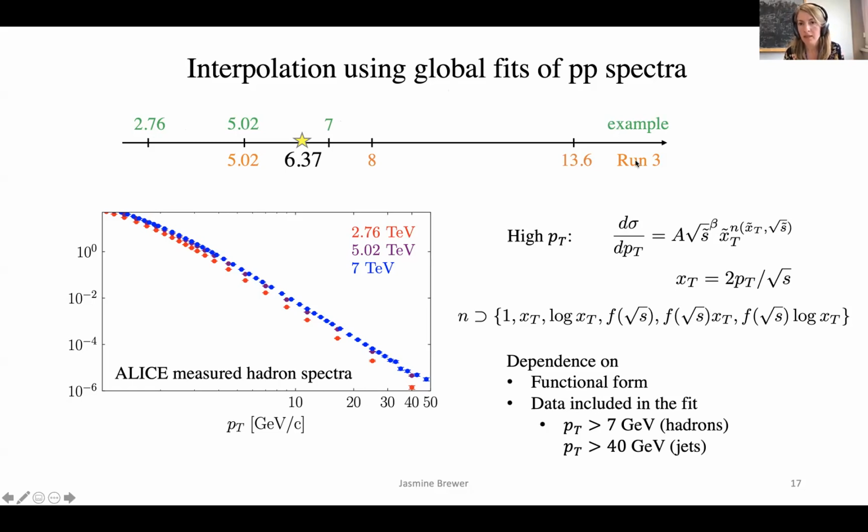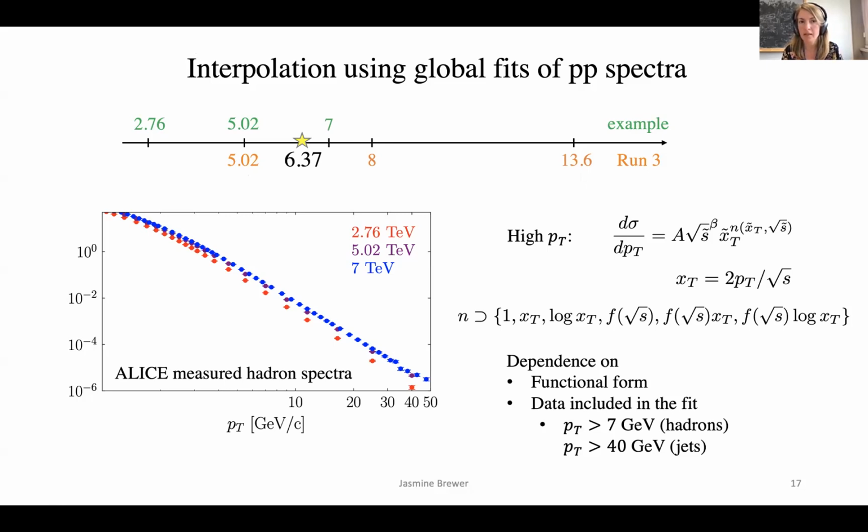In Run 3, for the actual application that we're hoping for, this oxygen reference run, everything would have to be done with data measured in Run 3, for example something like 5.028 and 13.6 TeV.